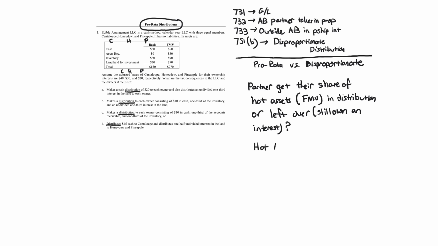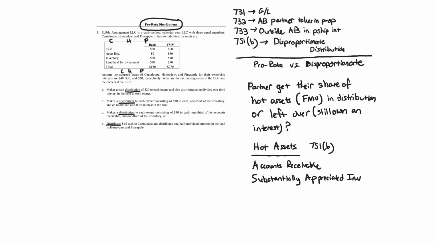So hot assets, for purposes of this analysis, accounts receivable is a hot asset. Substantially appreciated inventory. So this is under 751B. So it's not all inventory. It's only substantially appreciated inventory goes into this. Okay, and that is if you take 120% of the adjusted basis, and the fair market value is greater than 120% of adjusted basis.